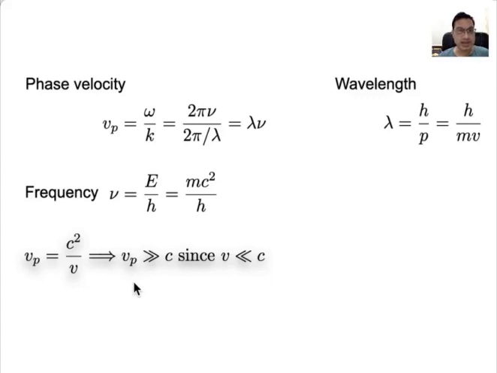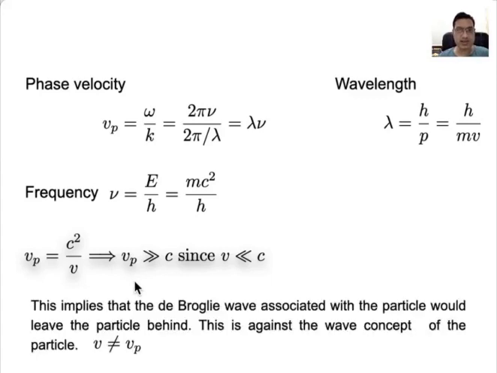So what does it signify? It signifies that the de Broglie wave associated with the particle would leave the particle behind, because the phase velocity is larger than the speed of light. So it means that the particle will be left behind and the wave will move forward.